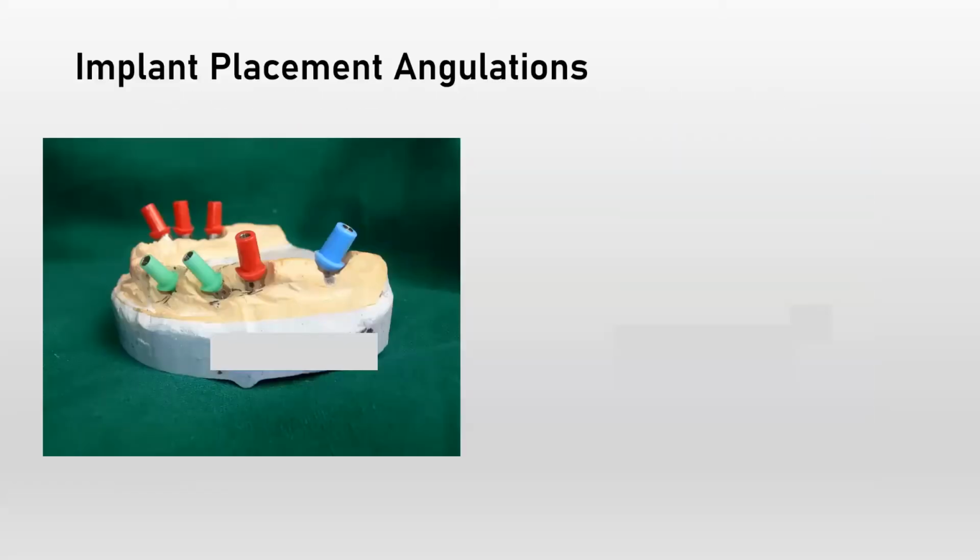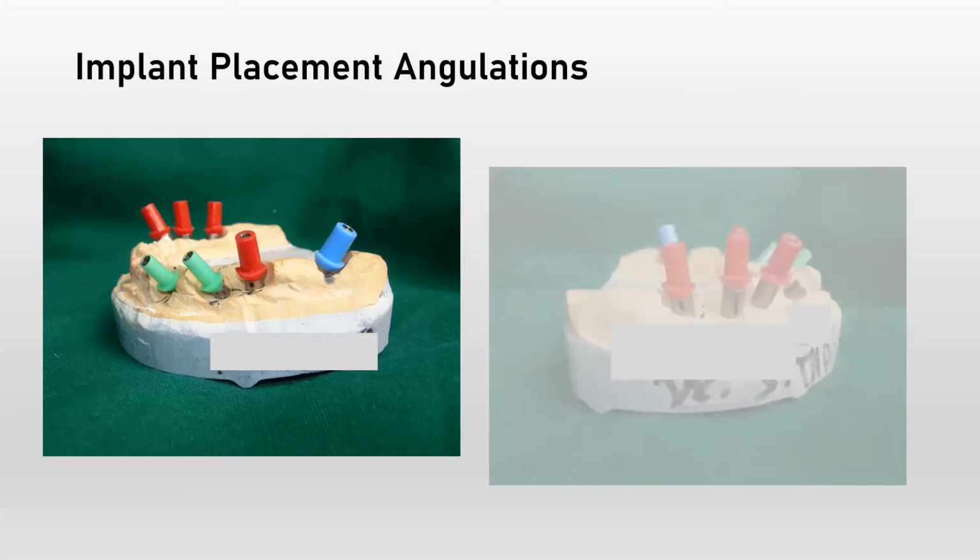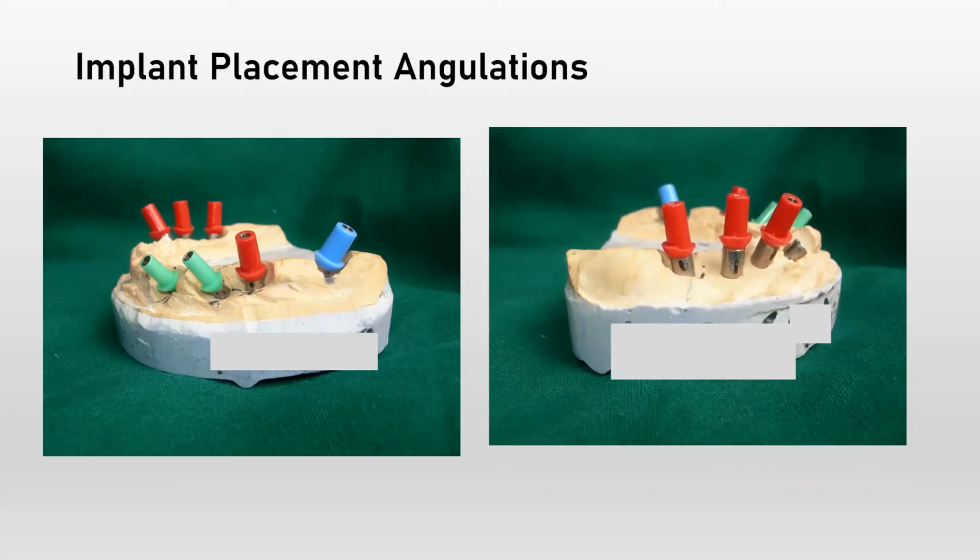Here you can see a case with freehand implant placement done for the maxillary arch. We can see the implant angulations in different directions and also improper implant positions. In such clinical scenarios, a fully virtual planned surgical guide may be recommended and would be more beneficial to get the final prosthesis in place.